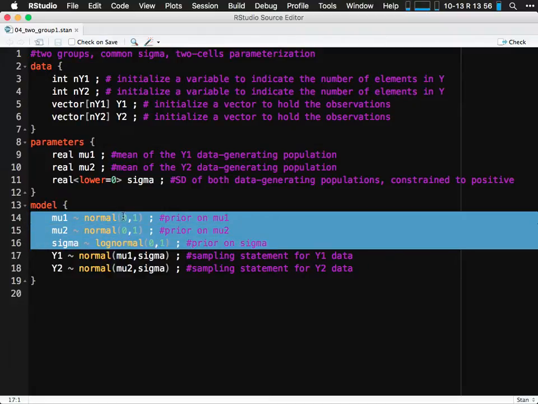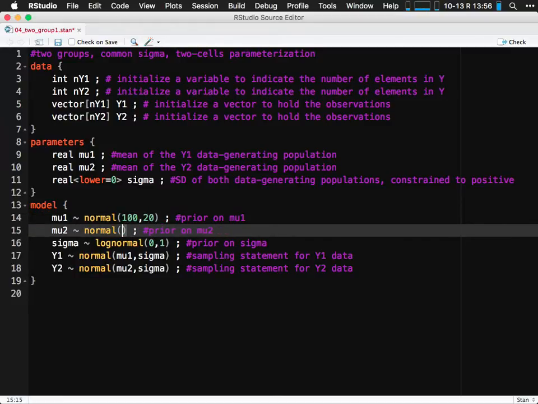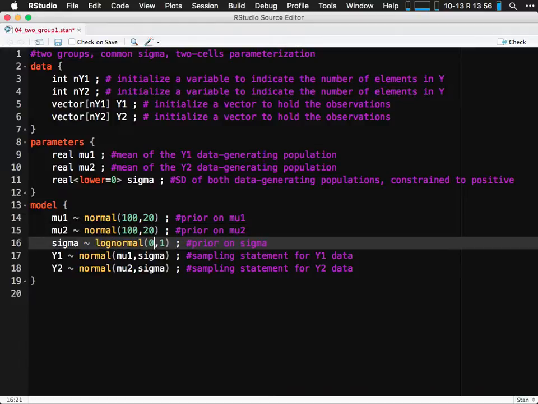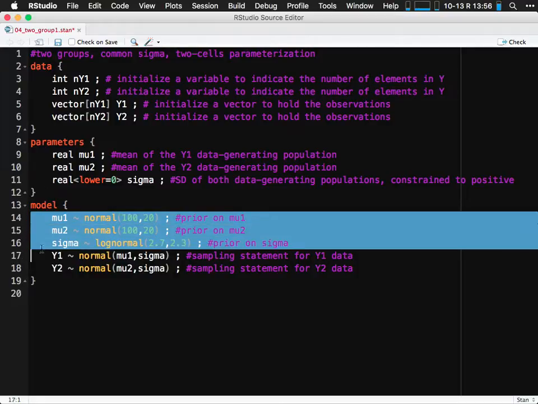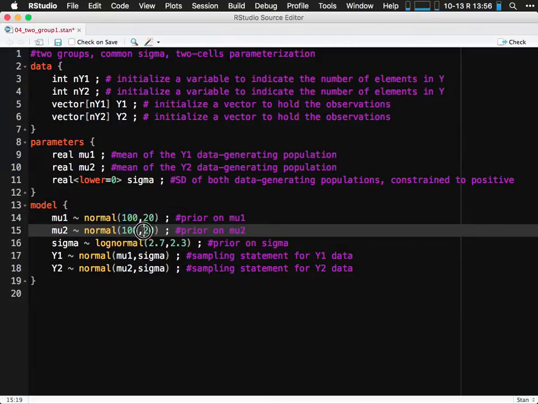I think what you guys had was sort of a prior of 100, 120, and then 2.7, 2.7, and 2.3. So what this set of priors expresses is that we think that the mean for one group is somewhere around 100, plus or minus 20. The mean for the other group is somewhere around 100, plus or minus 20.